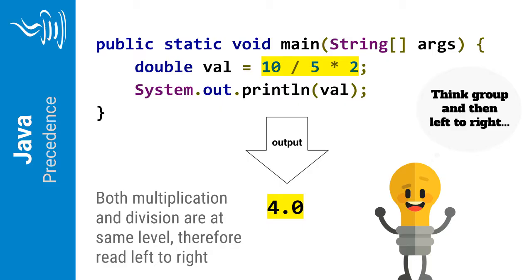Let's look at a simple example. You might think that the program should output the value of 1, but in Java, multiplication and division are of equal precedence. Therefore, the expression is evaluated from left to right, resulting in 10 being divided by 5, and its result 2 being multiplied by 2, resulting in 4.